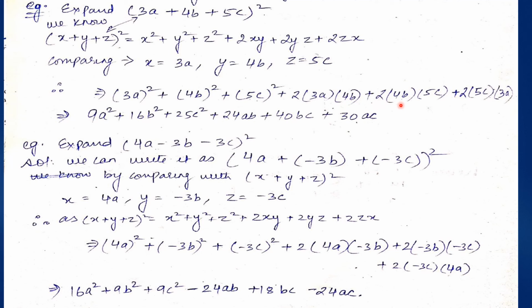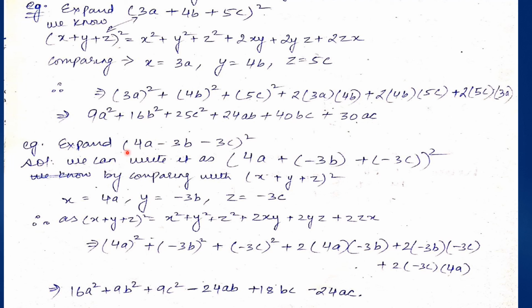So 2 into y is 4b, z is 5c. Similarly, 2 into zx. I hope you got this. Now just open the brackets and you have got the answer: 9a square, 16b square, 25c square, and all of this. This is just simple use of the formula to expand the given question.